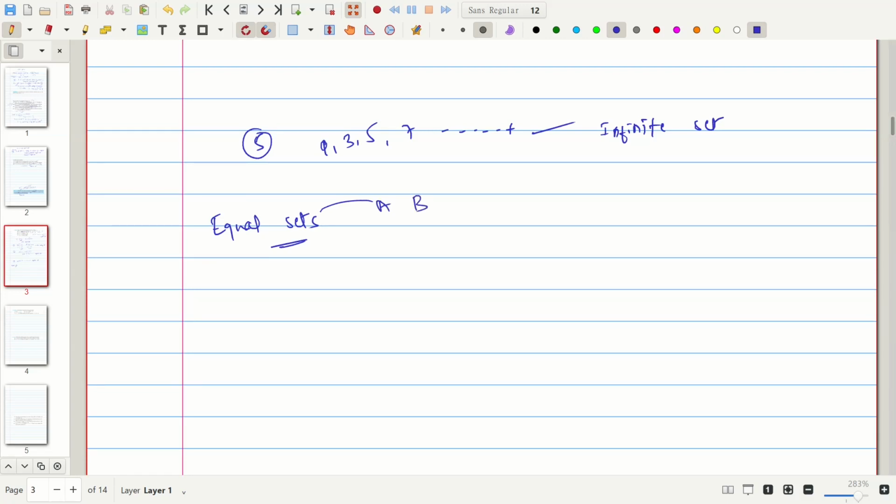A and B are said to be equal only when the elements of A are present in B, and the elements of B are also present in A. Then we say these two sets are equal. Otherwise we say these sets are not equal.